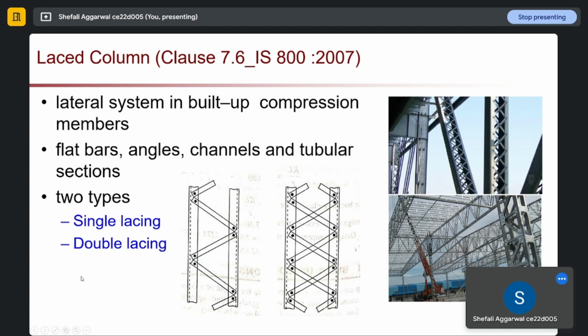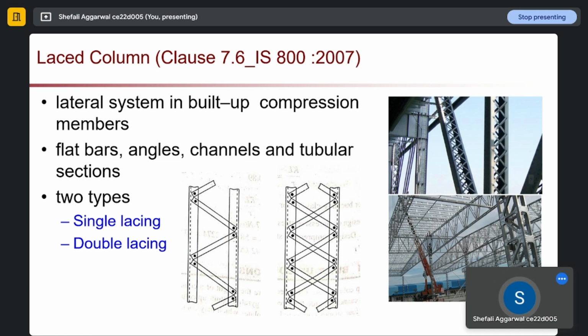So, what exactly is the lacing system? You might have already seen these kinds of structures in your daily life, where you are literally connecting two different elements of a compression member.